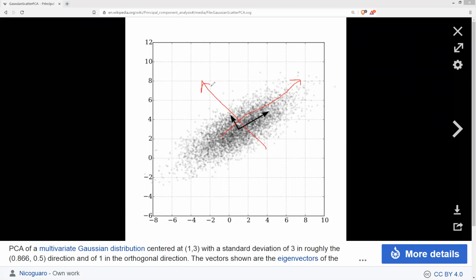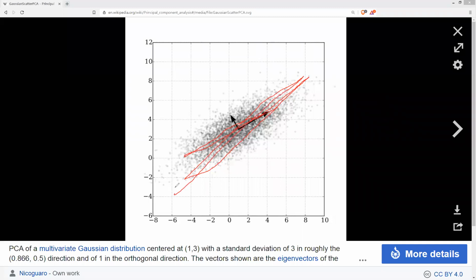And this new coordinate system is quite interesting because the first coordinate, which is this one, is in the direction of the greatest variation of the data. In this direction, we can see the greatest variation of data. So that's why we set the first principal component, or first axis, first coordinate, in this direction, right?